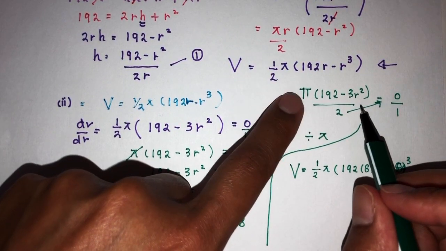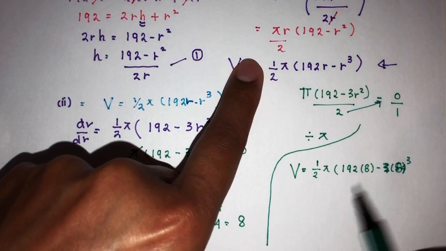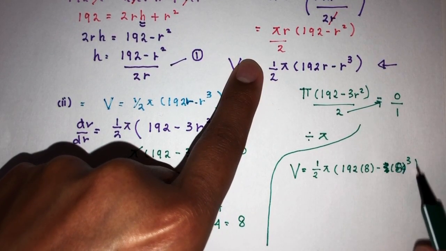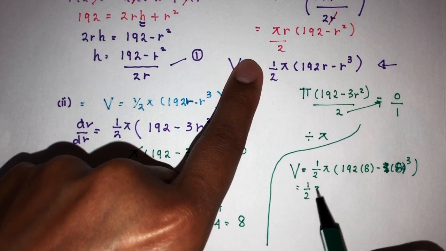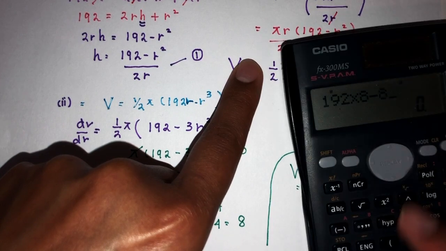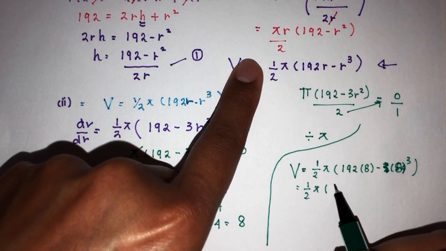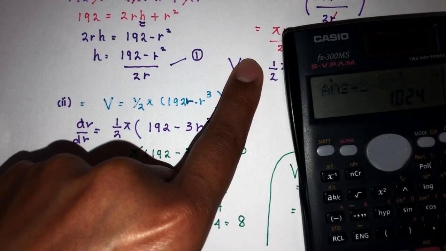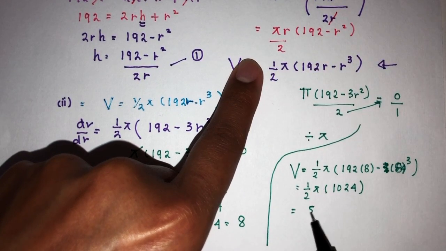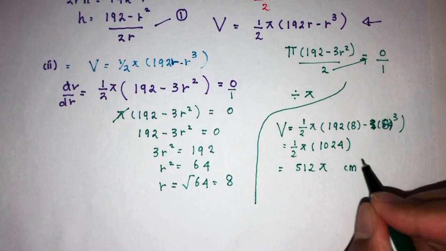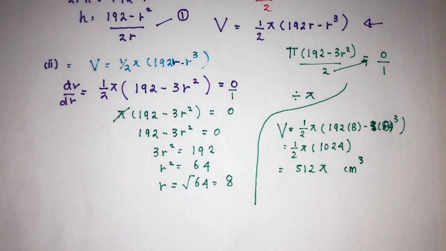I have used the wrong equation. We have to use this one: half pi times (192 times 8 minus 8 power 3). That will be 1024. Then divide by 2. That will be 512 pi as your answer for the volume of this cylinder at its stationary value.